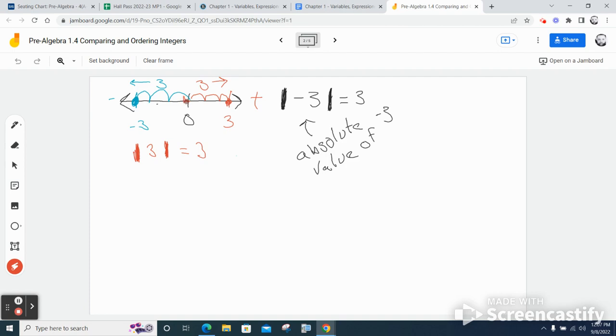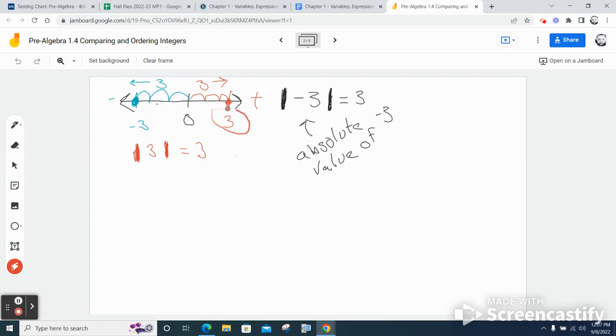I start off at 0. If I go 3 spaces to the right, that's like +3. If I go back 3 spaces, think of this as like I advanced 3 yards, or I took a loss of 3 yards. So going backwards is -3.